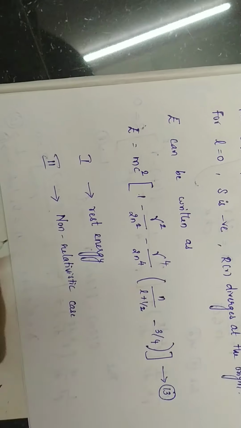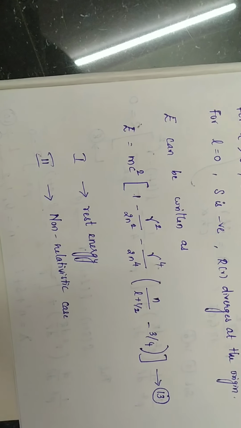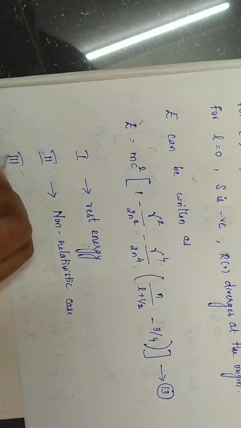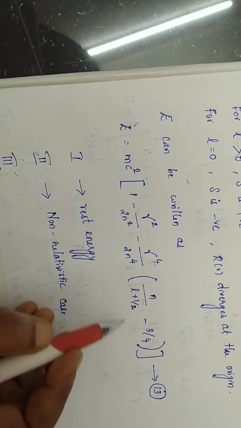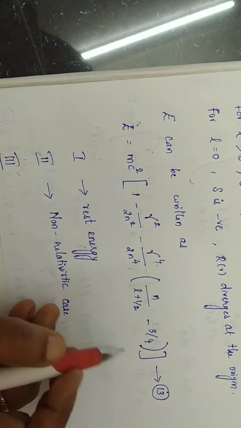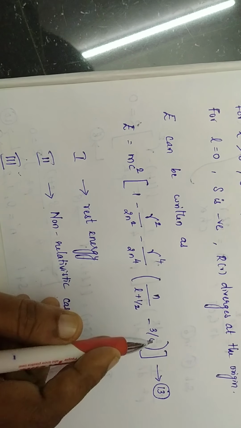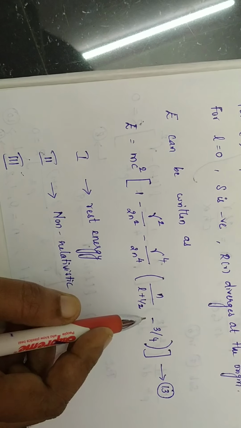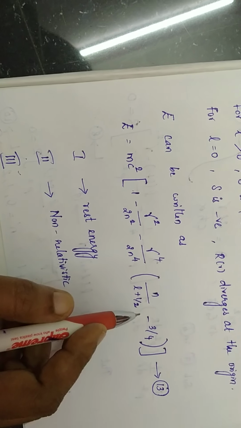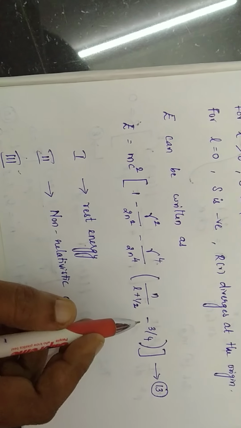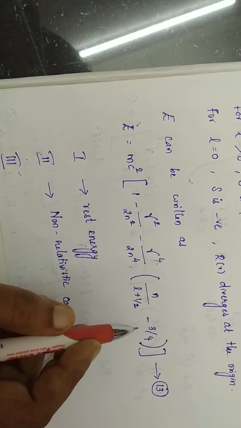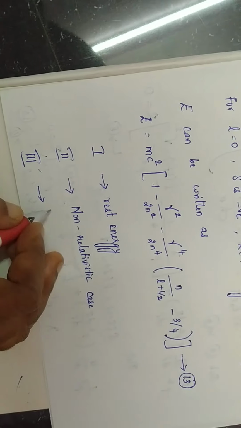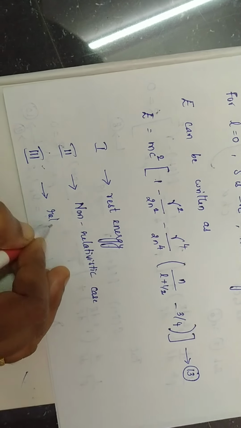Case of energy expression for the case of hydrogen atom. If you come to the third term, the third term consists of these quantum numbers. This is also called the fine structure energy, and it is usually called a relativistic correction.